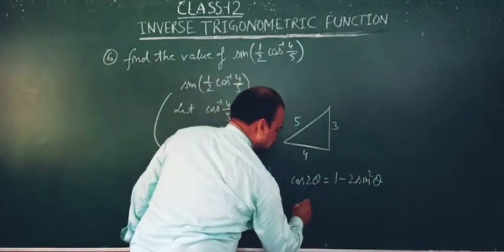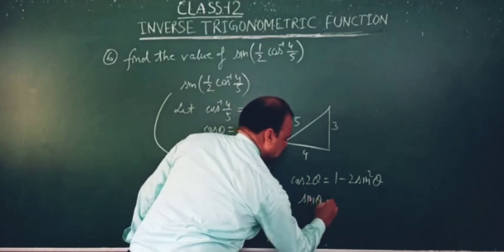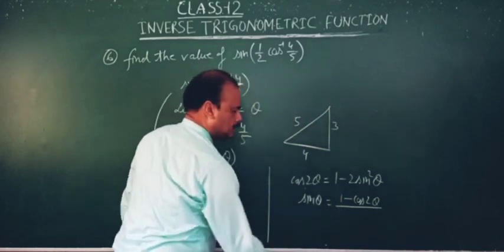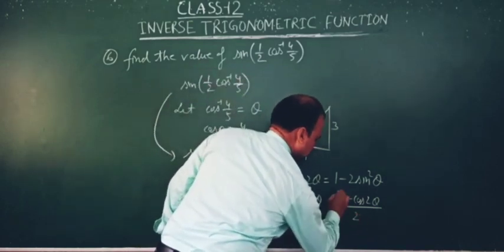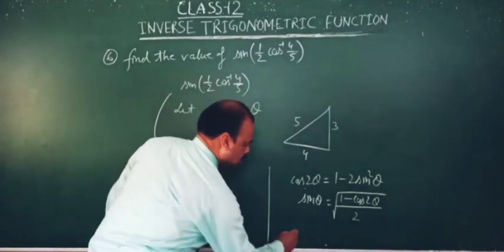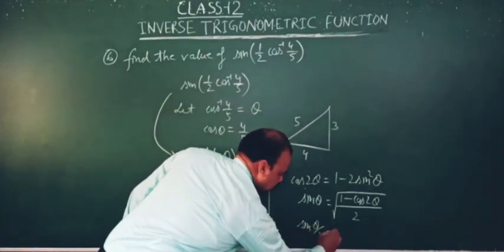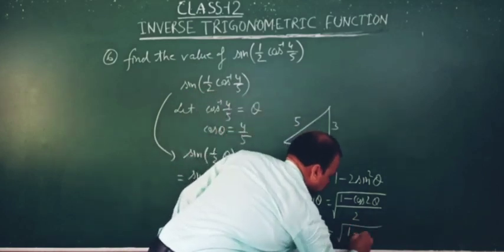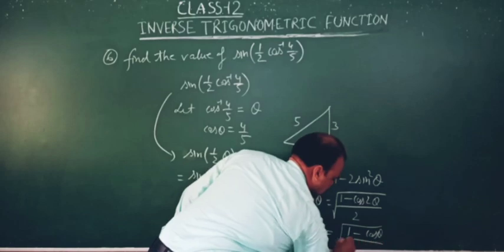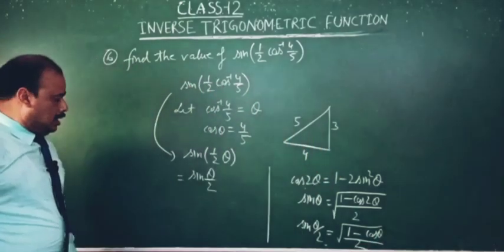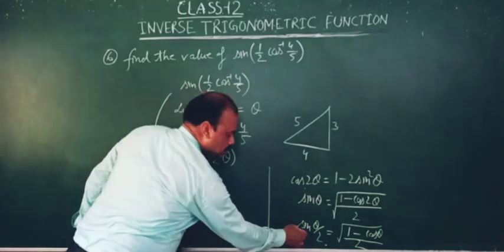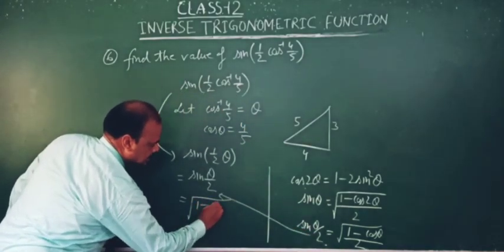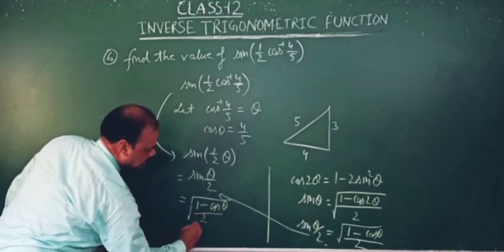By using this identity, sine theta by 2 is written as root of 1 minus cos theta divided by 2.